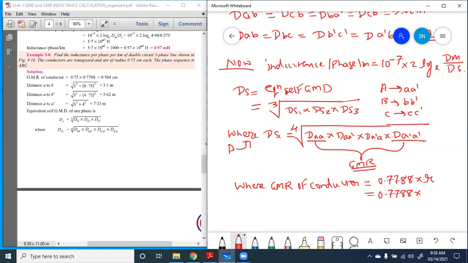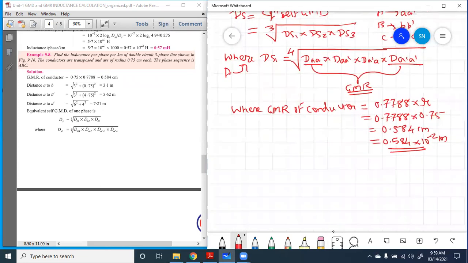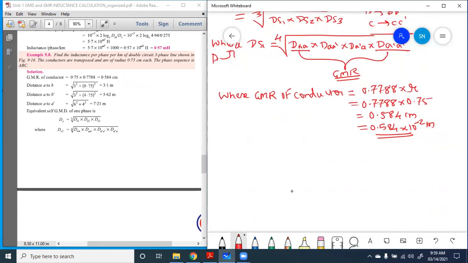The radius of the conductor is given as 0.75, and we have to calculate 0.584 centimeter, but we need the same unit, so we convert that centimeter into meter: 0.584 into 10 raised to the power minus 2 meter.